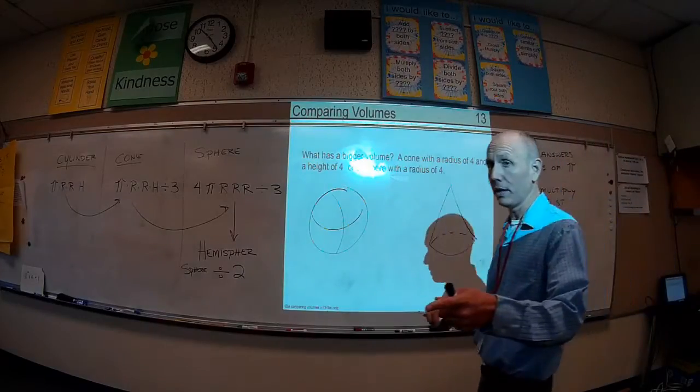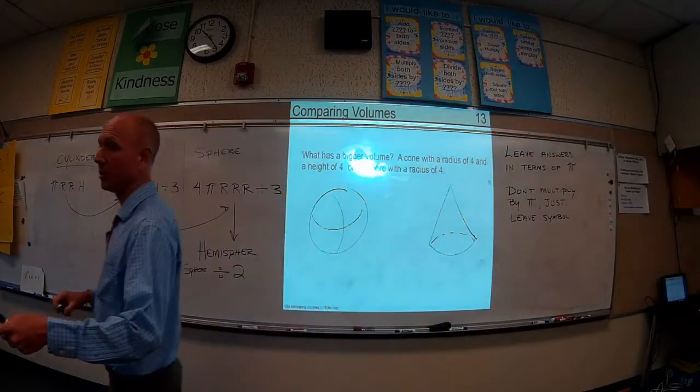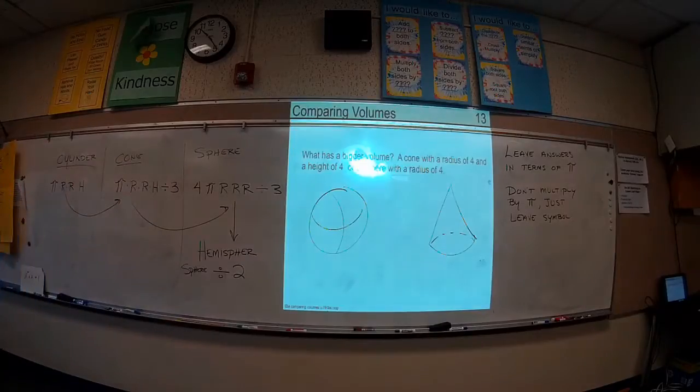Is there a pi symbol after that? Okay, hold on to that. Did you divide it by 3? I think you did the wrong one. I think you did the cone. Yeah, you guys are the spheres.